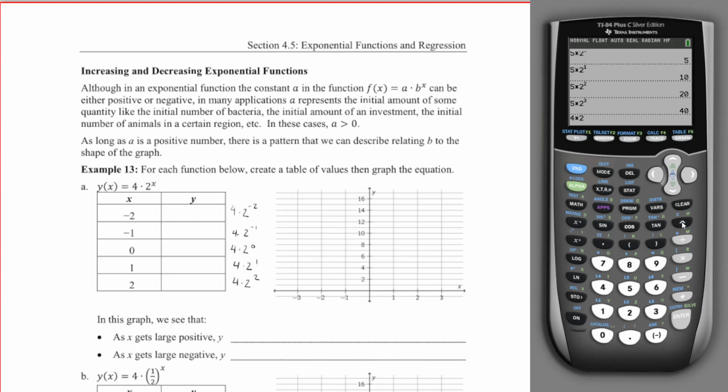4 times 2 to the negative 2. Oh, that came out to 1. To the negative 1, that came out to 2.